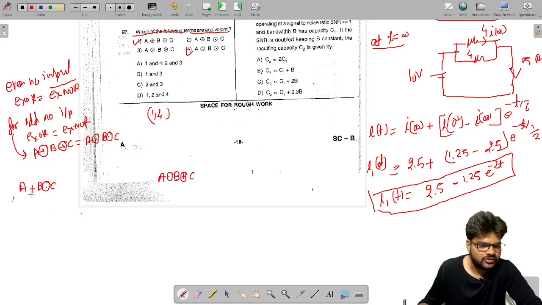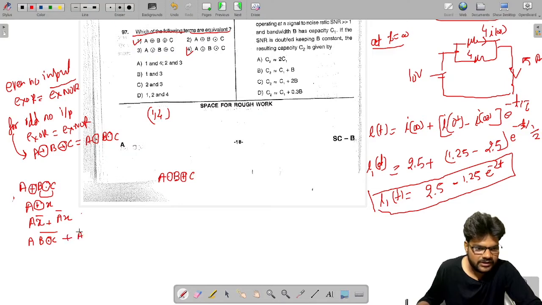Okay. So A, this is XOR, right? So A XOR, let's call B XOR C, let's call it X. So A XOR X, right? So we can write the XOR gate as A X bar plus A bar X, right? So this is going to be A X bar, meaning A times (B XOR C) bar, plus A bar times (B XOR C), right?